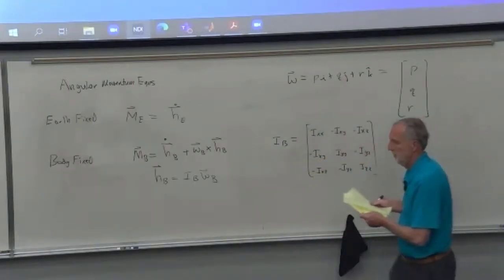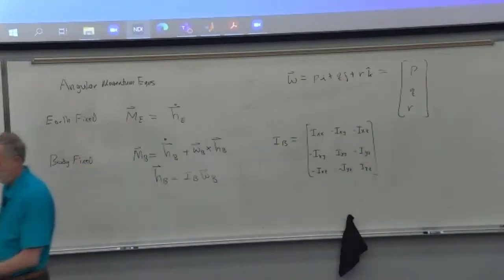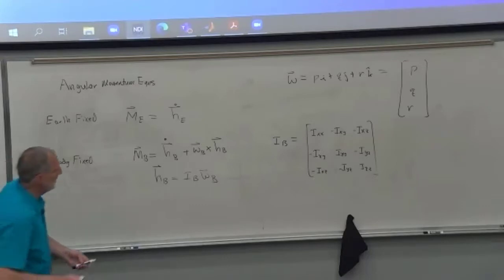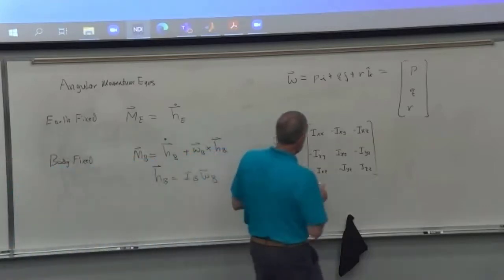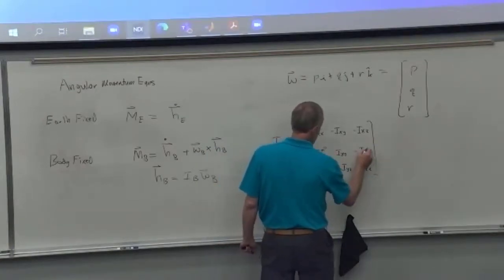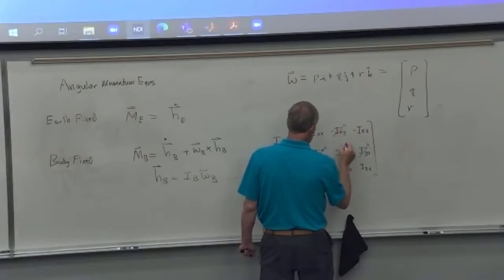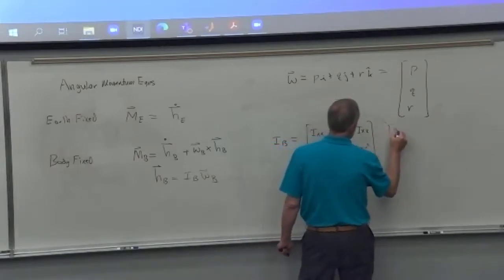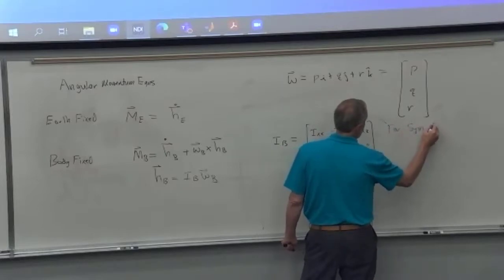And if you notice in the homework problem that you're doing, we simplify this because airplanes are symmetrical, and so any of the cross products that involve y, we knock out for a symmetrical airplane.